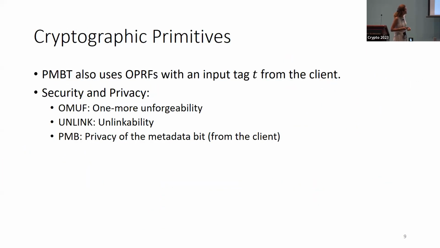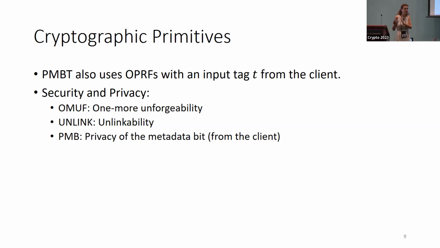So before getting more into why this is a problem in the security notions, I would like to pause a little bit to say a little bit about the cryptographic primitives used in Privacy Pass and the PMBT. It's an oblivious PRF, essentially just an extension of Privacy Pass, and the same philosophy is used. The input tag is only input by the client.